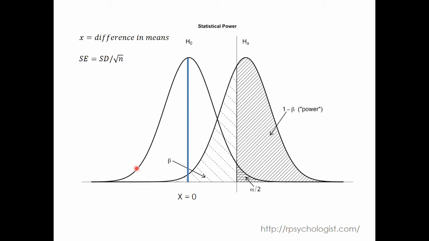So we're going to split that 5% between the two tails of this sampling distribution. So then this bit here would be 2.5%. So we set this line, and we call it our critical value on the x-axis, where it separates 2.5% of that sampling distribution from the other 97.5.